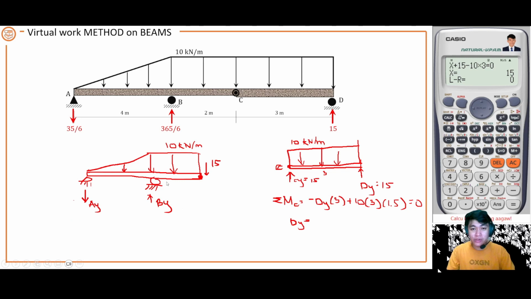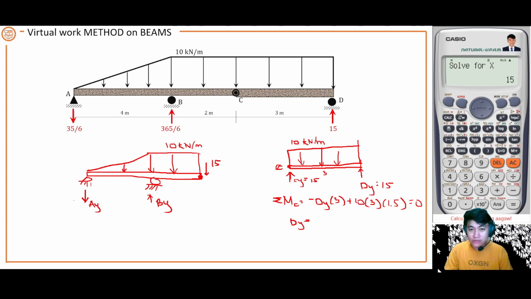Let's sum moments at point B. Negative Ay times 4, then the triangular load minus 0.5 times 10 times 4 times 1/3 of 4, then the uniform load minus 10 times 2 times 1, and then the 15 plus 15 times 2, and that is equal to 0.